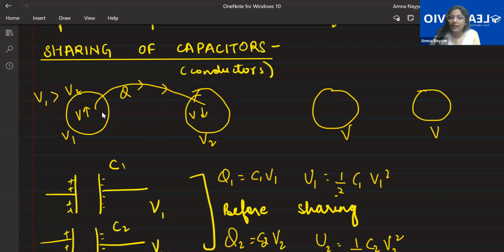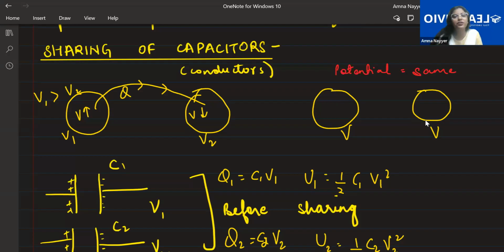If these conductors have different values, let's say V1 is greater than V2, V1 has a higher potential, V2 has a lesser potential. When you connect them, the charges flow until both of them have the same potential. Once the same potential is reached, the charges stop flowing.